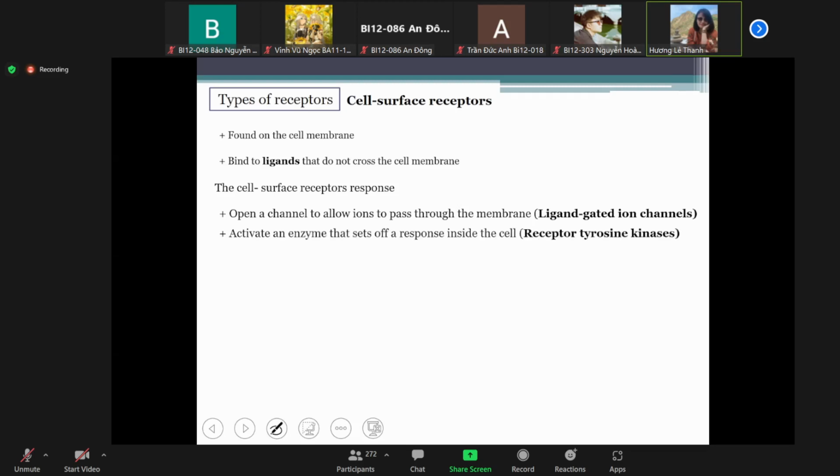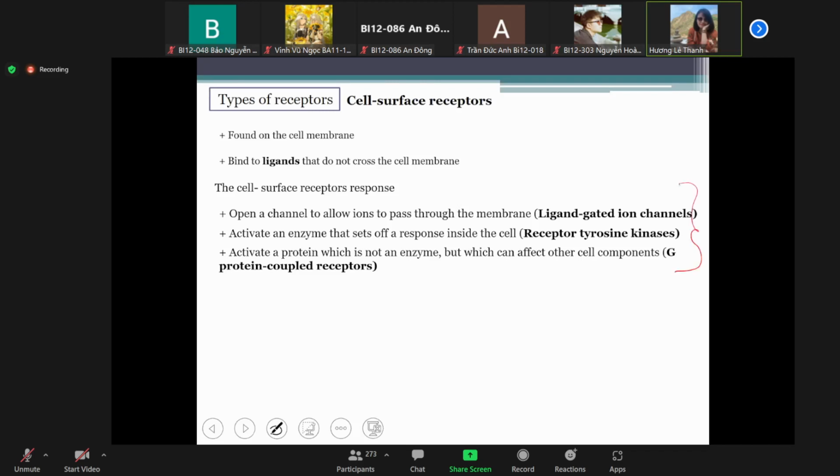They can activate an enzyme that sets up a response inside the cells. And they can activate a protein that is not an enzyme, which can affect other cell components, like the G protein-coupled receptor.